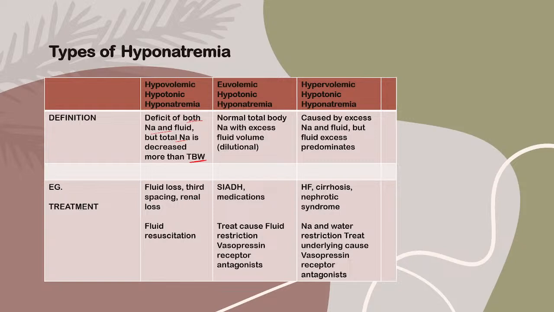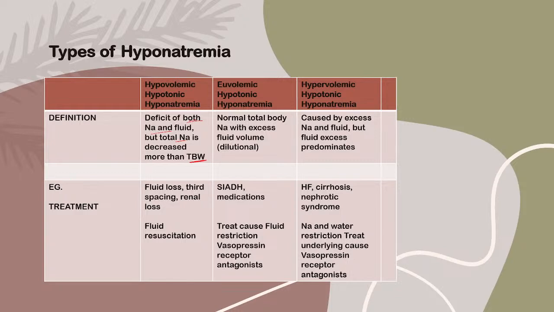All right. But if we talk about euvolemic, euvolemic is body fluid is not lost, so normal total body sodium with excess fluid volume. All right. So, this is like dilutional hyponatremia.